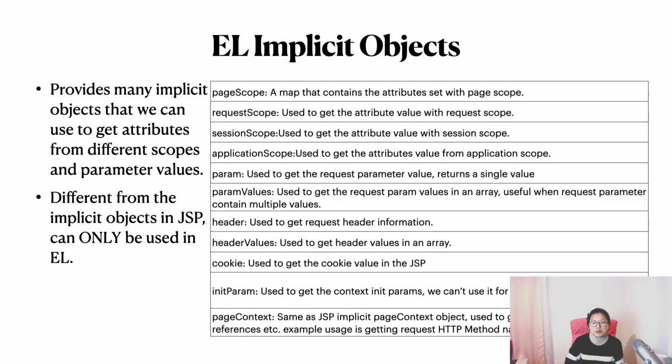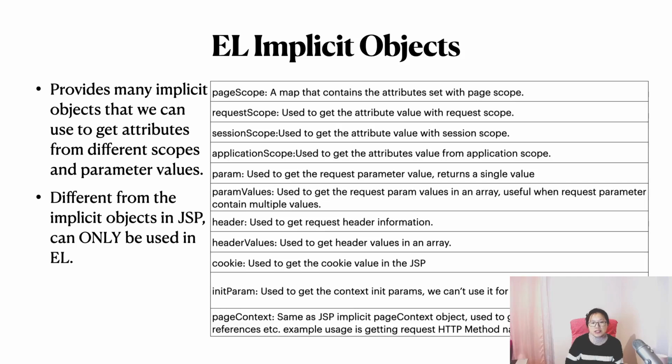header can be used to get request header information, and headerValues in an array, okay? You can also use cookie, this implicit object, to get cookie values in the JSP. No need to do it in the servlets. You can use an EL expression.